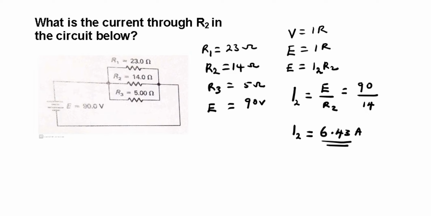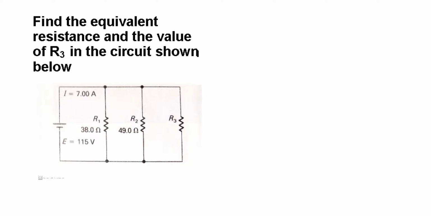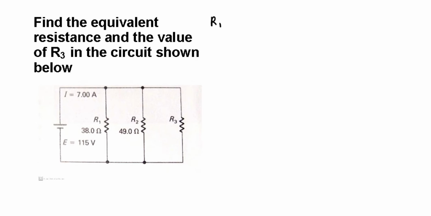All right, so let's go ahead. Find the equivalent resistance and the value of R3 in the circuit shown below. The first thing we have to do is to write out the parameters. R1 equals 38 ohms. R2 equals 49 ohms.